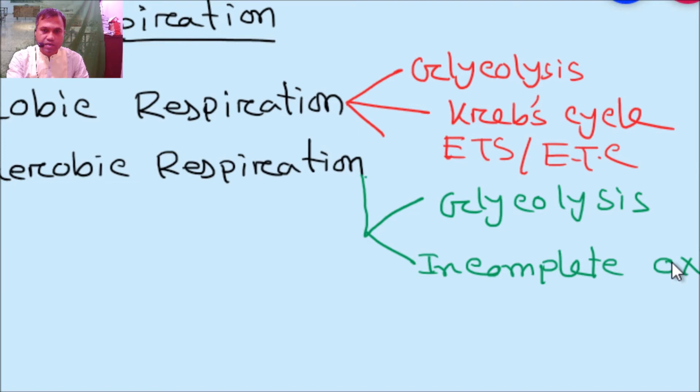So we can find out that the common stage of aerobic and anaerobic respiration is glycolysis.